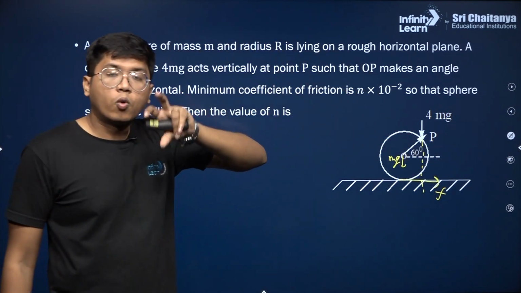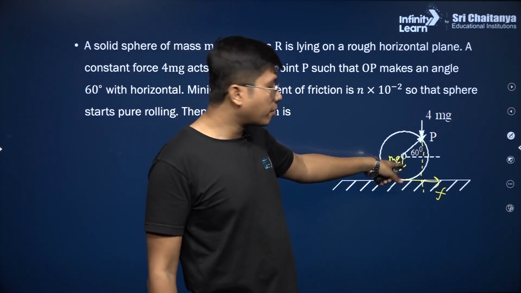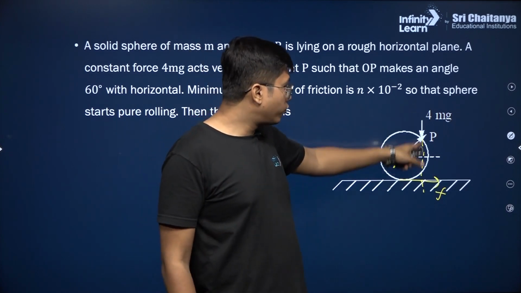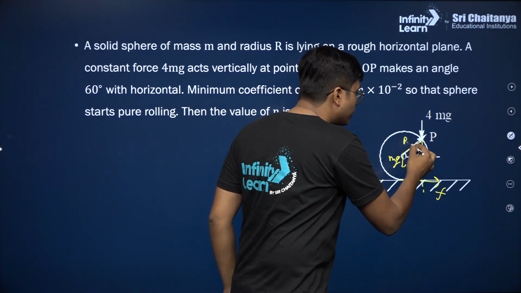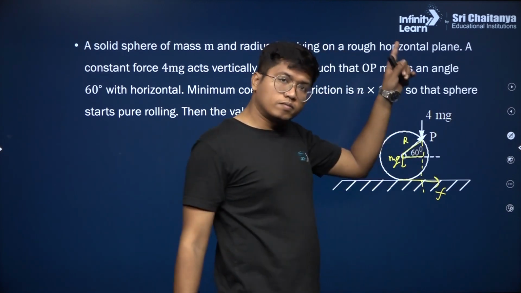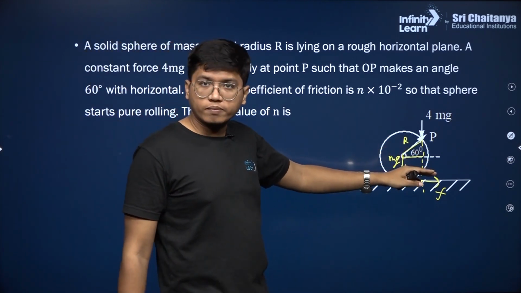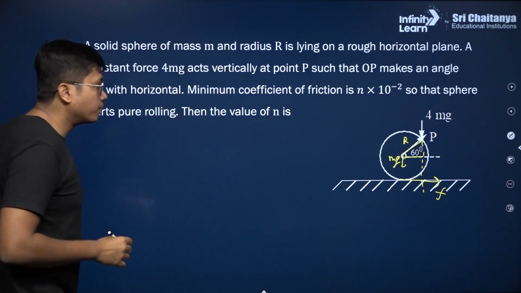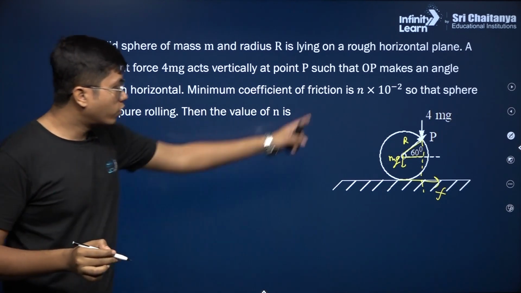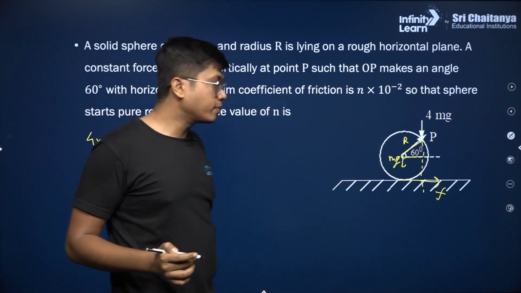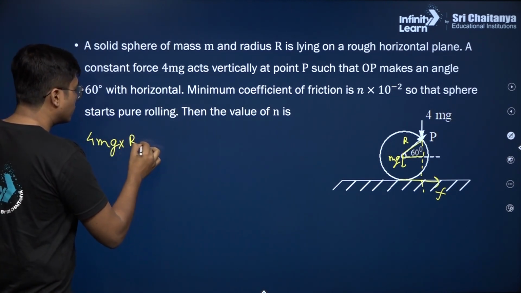So first up, what are the torques over here? This mg does not give a torque because it's about that central axial point, but this 4 mg is going to give a torque. If this line over here is r, then the perpendicular distance of the force from the central axis is r cos theta, or r cos 60. So my net torque is going to be 4 mg multiplied with the perpendicular distance from the axis, that is r into cos 60.